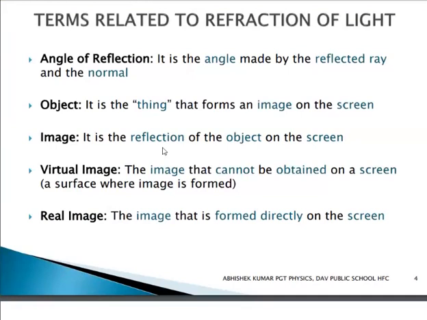So when reflected ray is produced backward, then it appears to be intersecting with incident ray. When both incident and reflected ray are produced backwards, then at a point it appears to be intersecting, and at that point image is formed, and that could be the position of a screen.